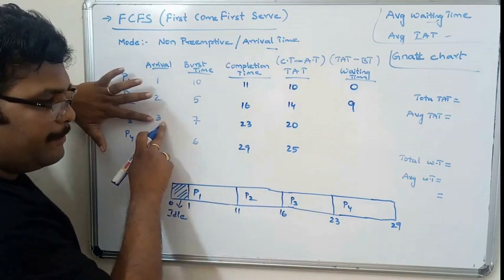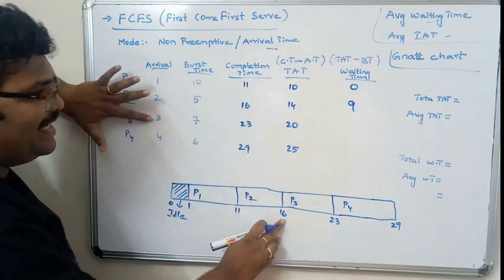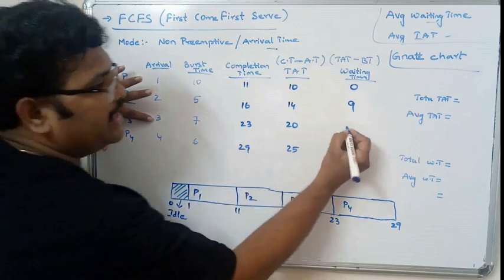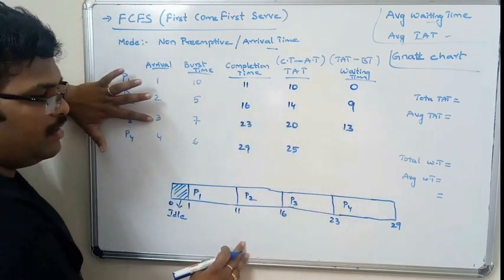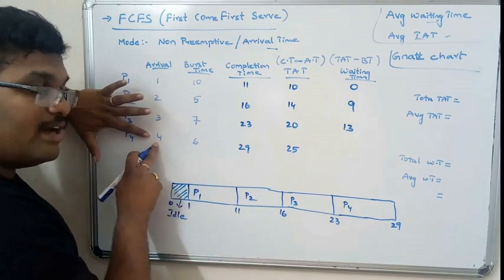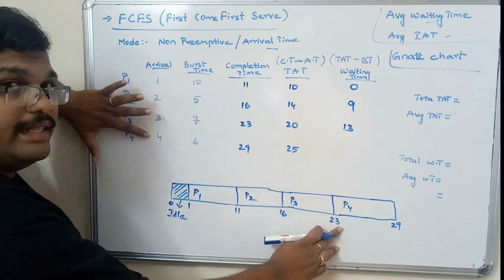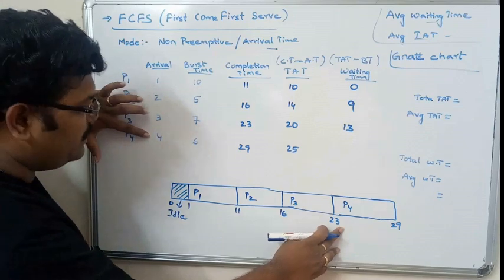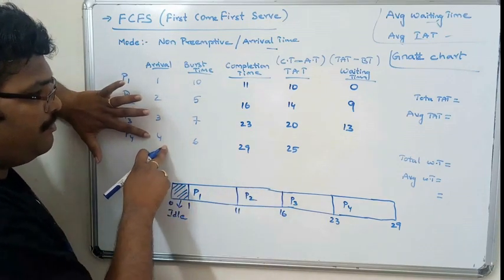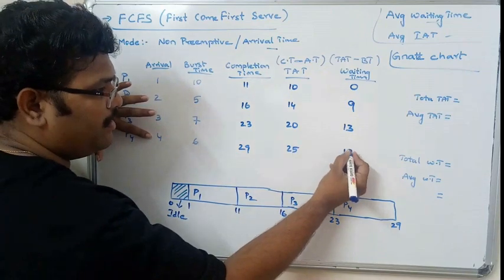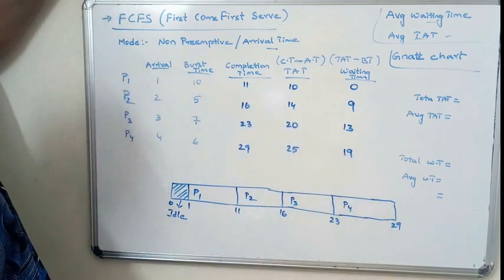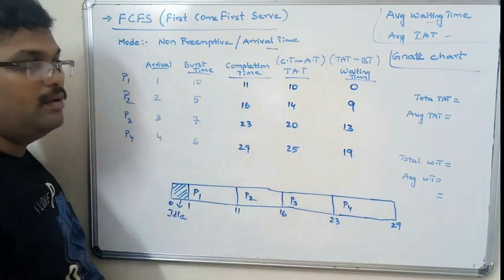Next, P3 arrived at 3 and started at 16. 16 minus 3 it's 13. So 20 minus 7 it's 13. Next, P4 arrived at 4, started at 23. So CPU is allocated at 23. 23 minus 4 is 19. Right? So this is the simple thing.